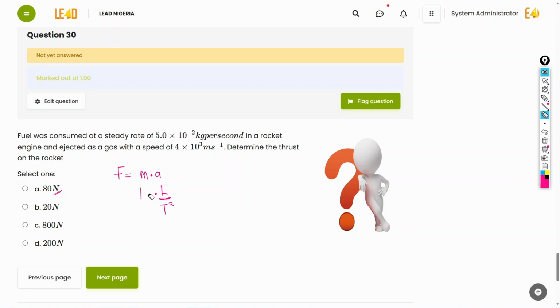So this is MLT to the power of minus 2. This is for force. Now let's take mass per second. This is M over T times meters per second, which is L over T. And guess what we have? We have MLT to the power of minus 2. So obviously by multiplying these two, I'm going to get the unit that I want, that we have in the options.